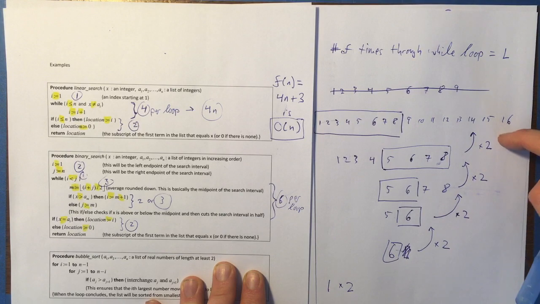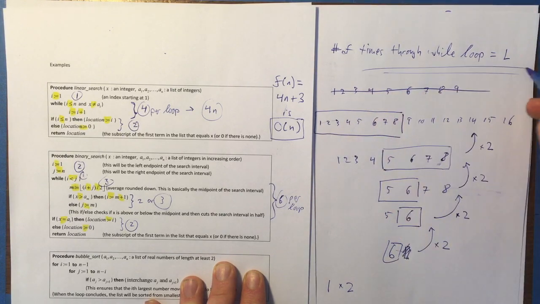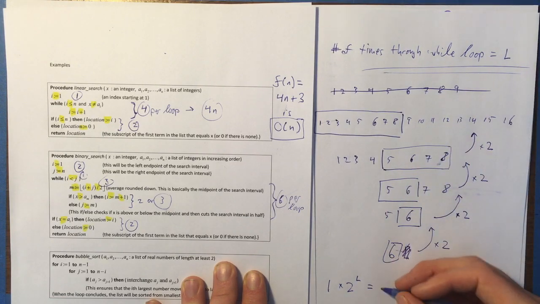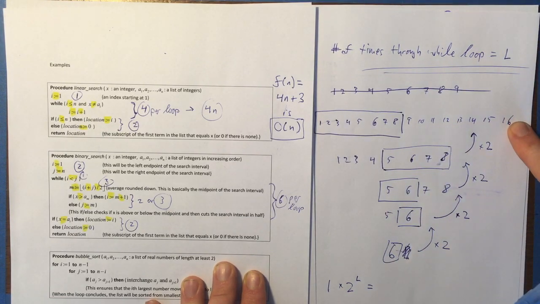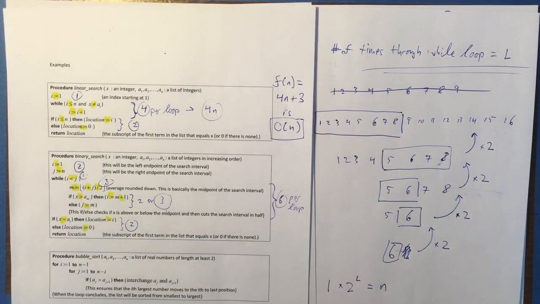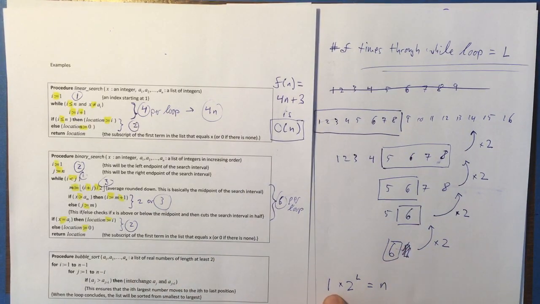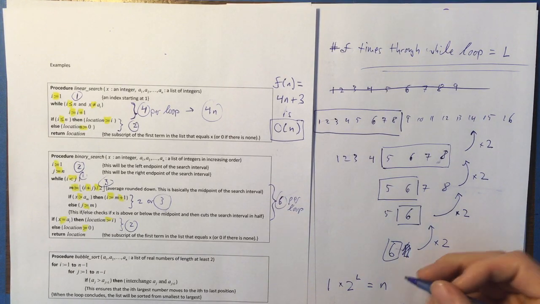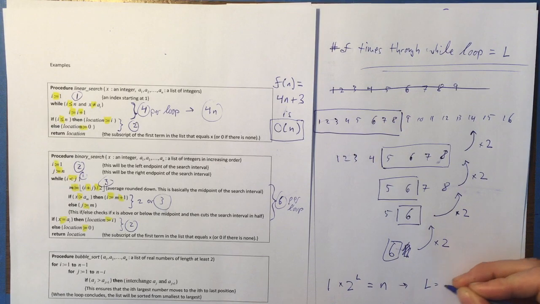That number of times is the number of times we're going to go through the loop, which is L, and that's going to equal the total length of our original list. In this example it was 16, but in general, it's going to be n, right? So starting from going backwards, 1 times 2 to the power L needs to equal n. If you solve this for L, it's going to be log base 2 of n.